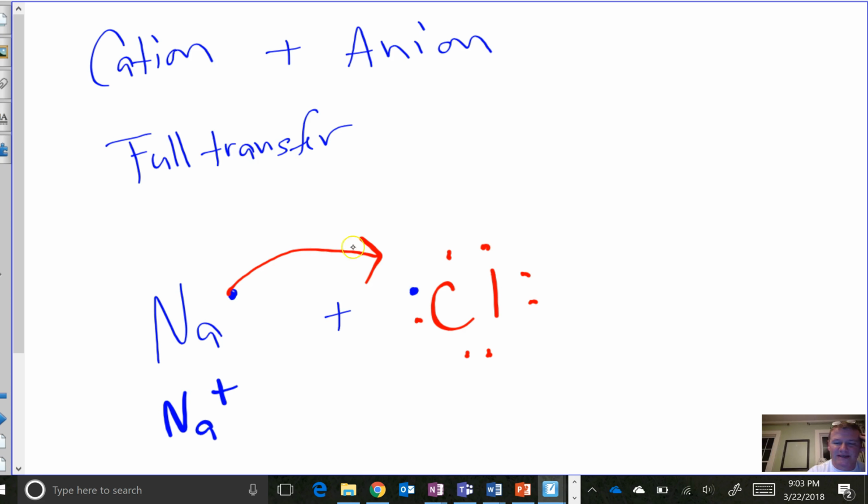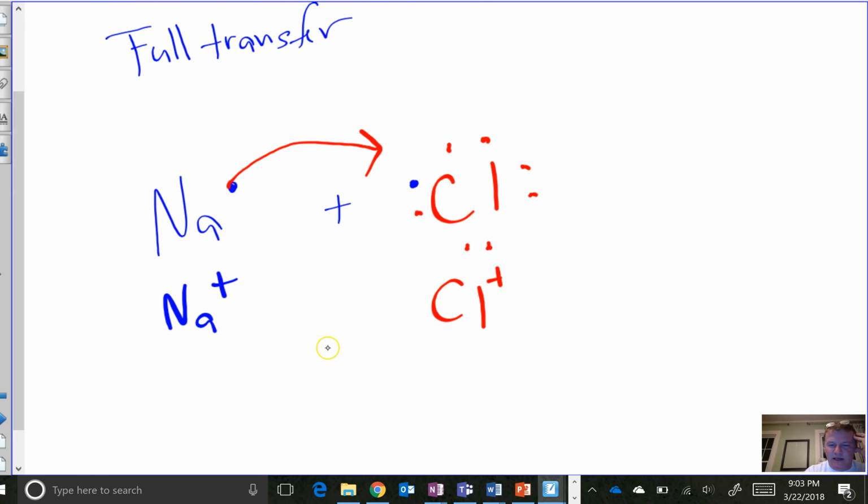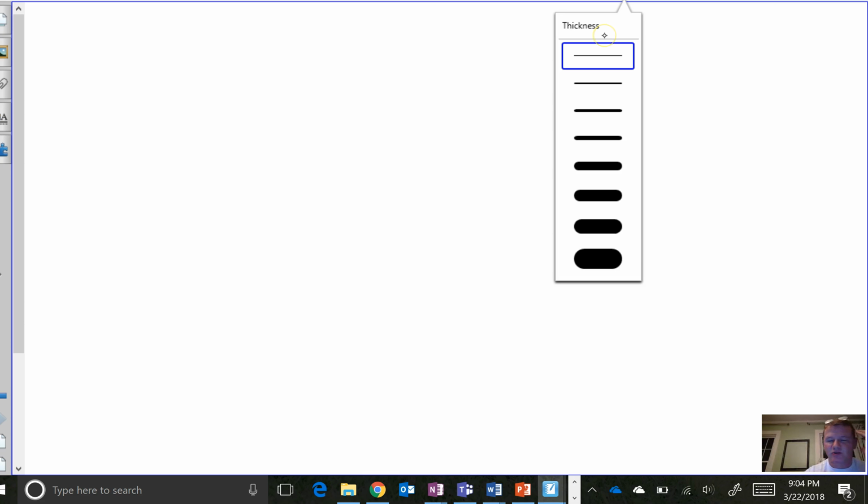So it's going to accept 1 electron, and in doing so, become negatively charged. So there is a full transfer. I made a positive sign there, should be a negative sign. So there's a full transfer of that electron. So now we've got a positive sodium, positive 1, and a negative chloride ion that come together and form the happy pair, sodium chloride.